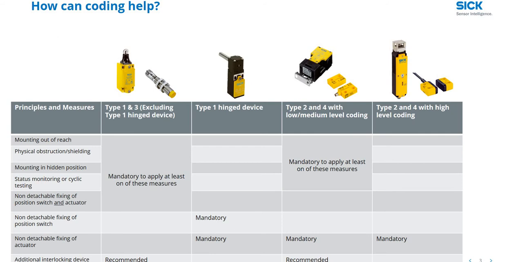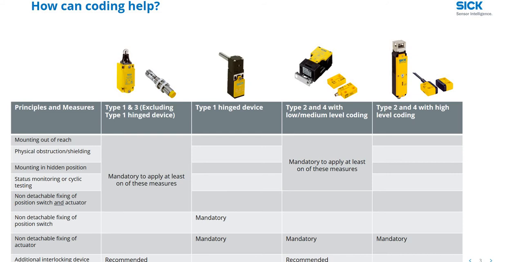So mounting out of reach, physical obstructions or shielding of the interlock, mounting in a hidden position, status monitoring or cyclic testing, this would be done by the control, non-detachable fixing of position switch and actuator. So we must apply at least one of these if we're using a type 1 or 3 interlock.